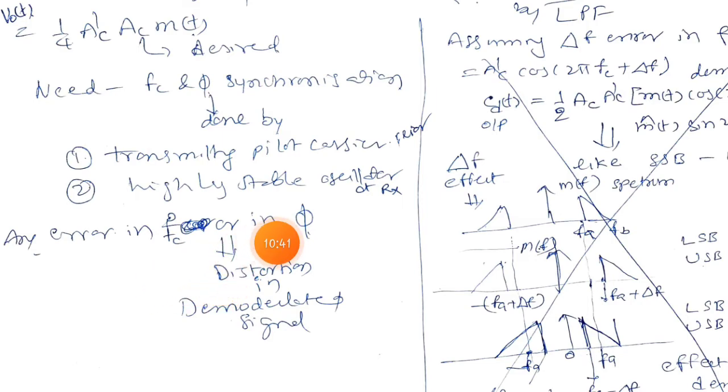Any error in the frequency or phase will introduce distortion in the demodulated signal. So what is the effect of an error in the frequency, and what is the effect of a phase error on the demodulated signal, whether it will introduce distortion or not, we will see later.